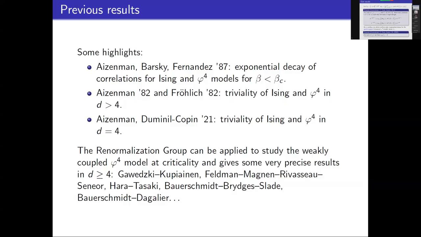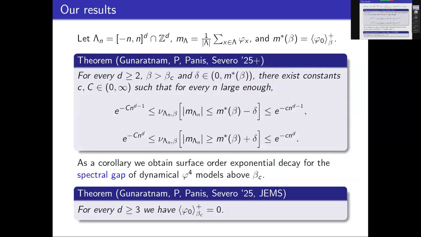Okay, so now in the remaining few minutes, I will just mention my results. I want to mention two results. The first one is about the supercritical phase of the phi 4 models, above beta c.